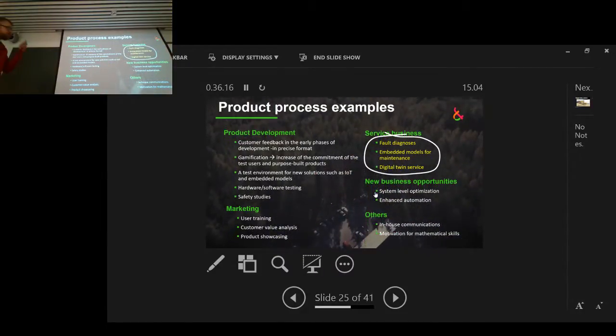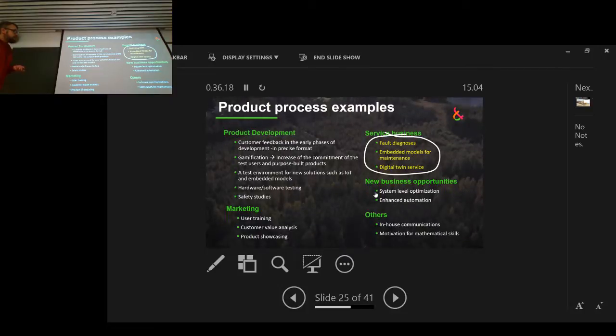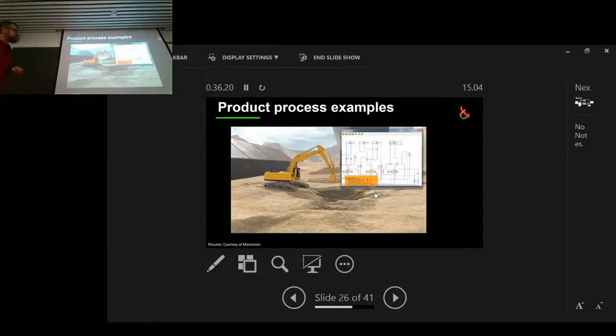So, power diagnosis. Let me see what this example is. Because we have an accurate physics-based model, we can create a library of different faults. This is how the hydraulic circuit of this particular machine looks. You can use different kinds of faults, like a malfunctioning direction valve, a broken hose, or whatever. Then you can create a library of different symptoms.